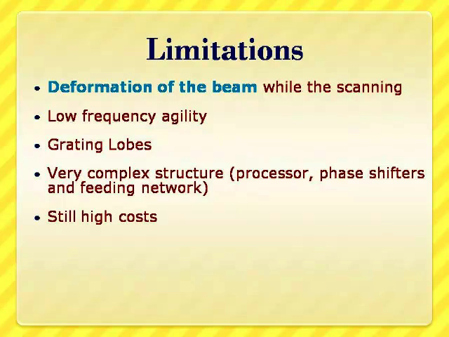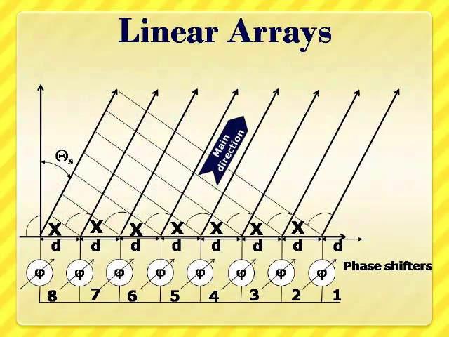So for very specific applications where it is justified for the cost, we go for phased array systems. In India, you can see a phased array system being used for weather research near Tirupati, which we call the MST radar system.